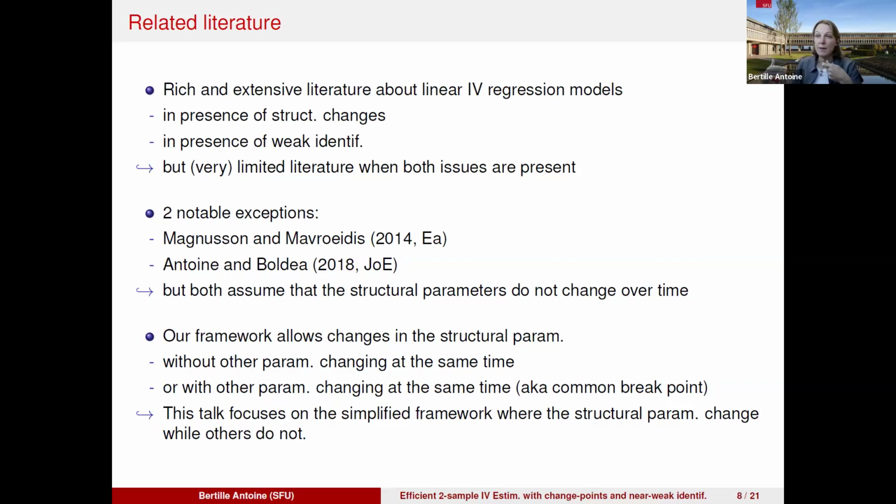We are flipping things over, allowing for the first stage to be stable while the second stage is changing. And in our broader scope, we are actually allowing both equations to change, but possibly at different times. So you have periods of time where one equation is changing while the other is not, and vice versa, okay?